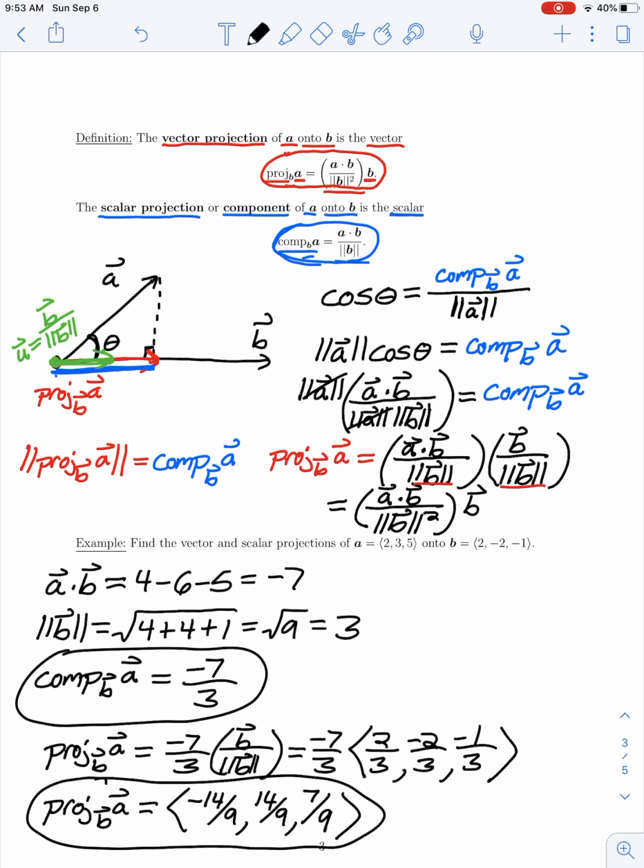So let's think about this particular example geometrically. What might be a little odd here, you'll notice that the projection of A onto B, looking at the sign of these first components, well, this projection of A onto B is a vector that is acting in the opposite direction of B. So what exactly does that mean here?